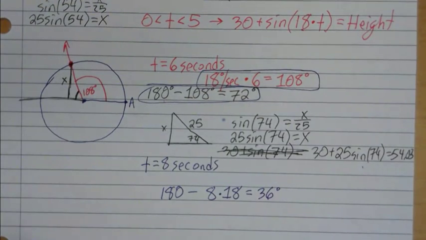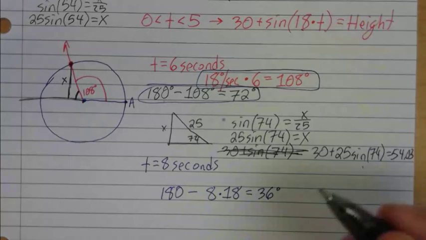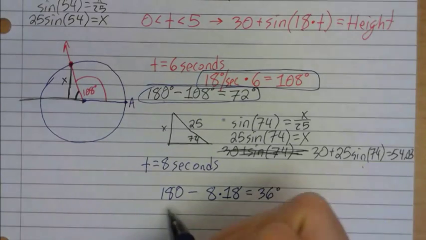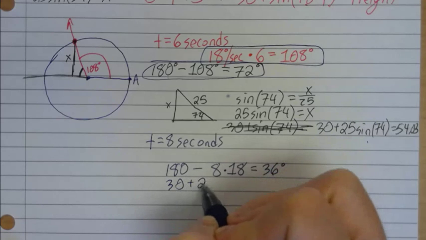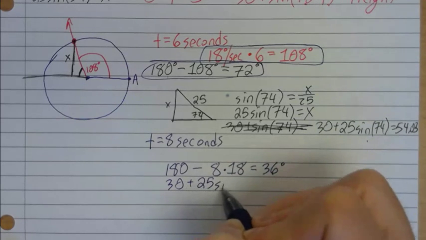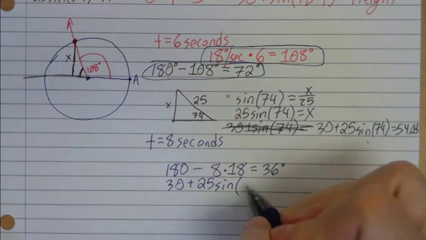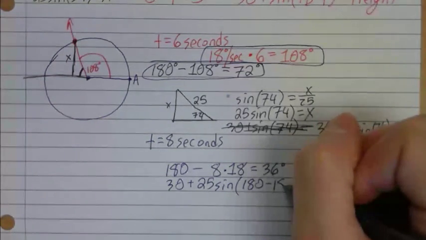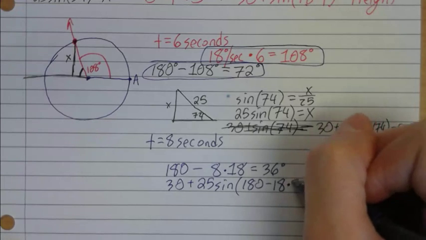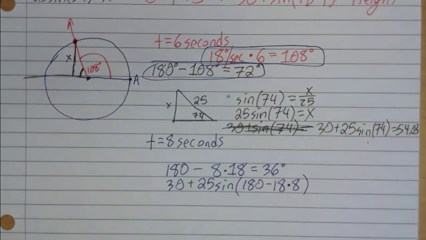So now I can use the numbers I was using before. And so that means that my equation is going to be 30 plus 25 sine of what I just did: 180 degrees minus 18 degrees per second times 8 seconds.